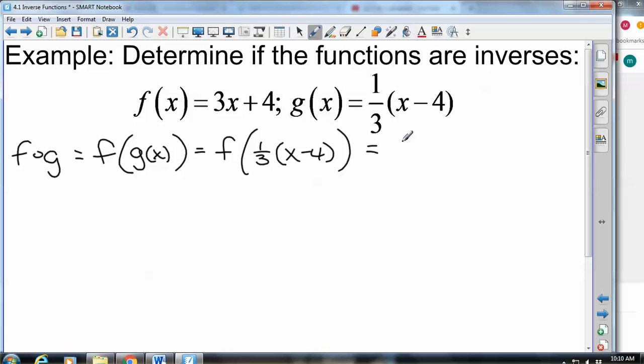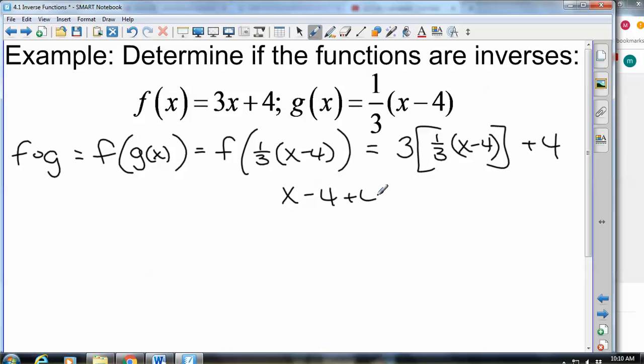So if you go to plug that in, that's 3 times 1/3 x minus 4 plus 4. What's 3 times a third? 1. So I get x minus 4 plus 4, which is x. So it appears to work, but you can't assume. Go ahead and check the other way.